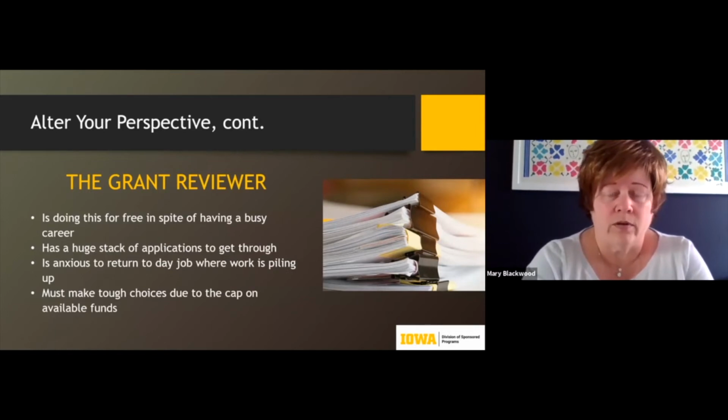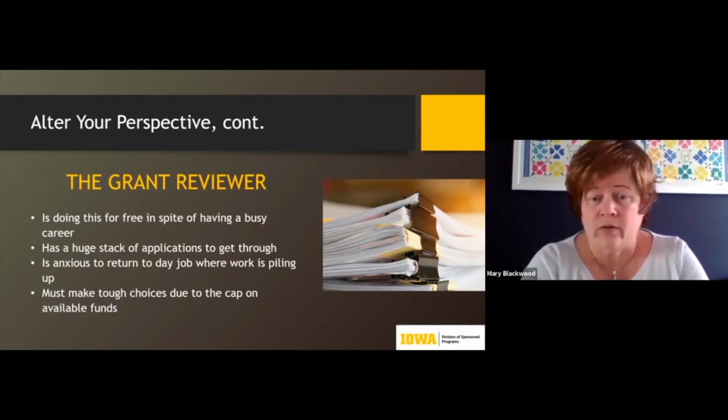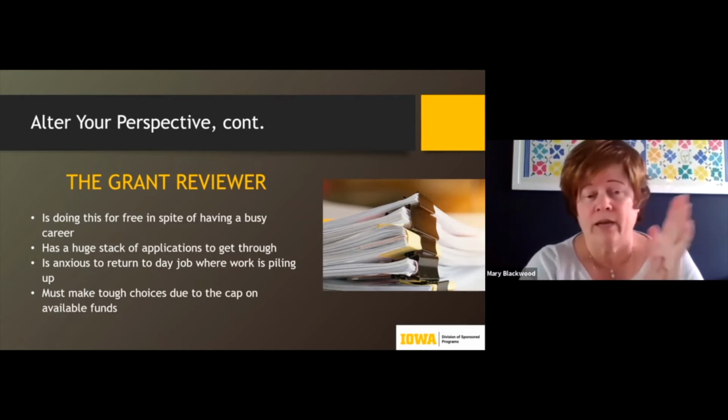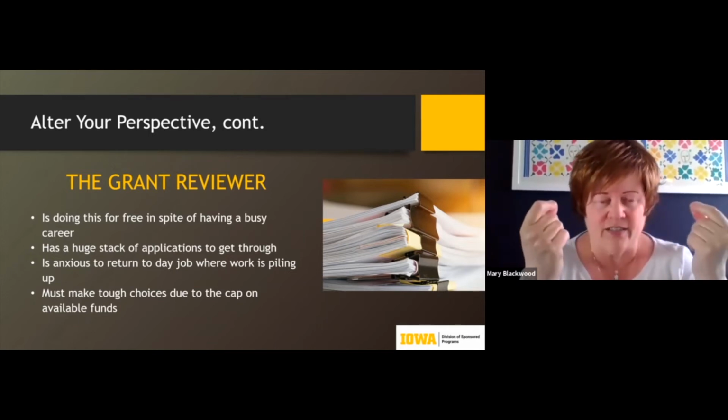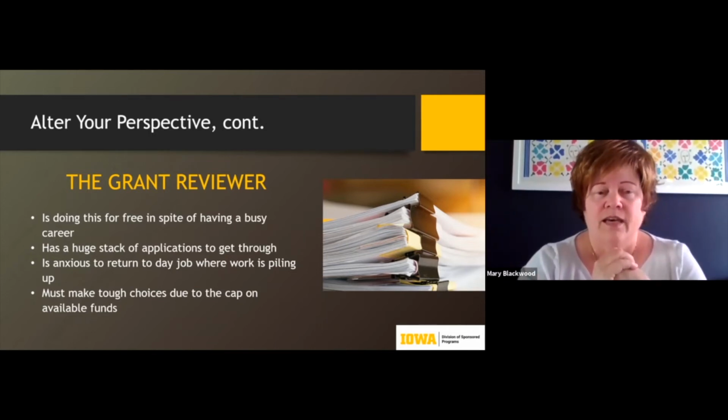So here's the grant reviewer who is doing this as part of career service. They're not getting paid to do it. And they're going to read 30 grants, maybe more. They've got a job to go back to too. By the way, I'm going to continually use they and them, even though I say the grant reviewer. It's generally a team of reviewers, but I like to think of just the individual person sometimes. That grant reviewer has a job to go back to.